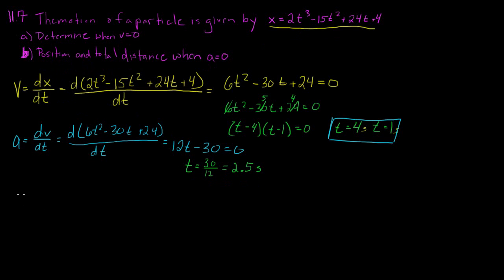So at t equal to 2.5 seconds, x is equal to 2 times 2.5 cubed minus 15 times 2.5 squared plus 24 times 2.5 plus 4.